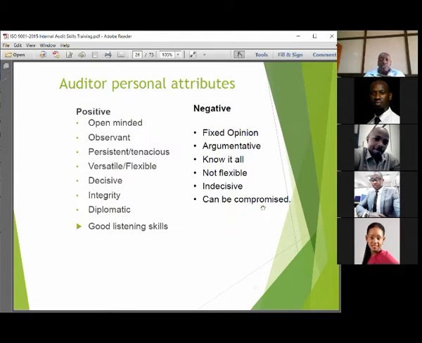So auditor personal attributes: open-minded, observant. There are common sense things, but very important. Versatile, decisive, integrity, diplomatic, good listener, and so forth. So if you don't have any of those attributes, try to have them, or work on where you need to improve on them.